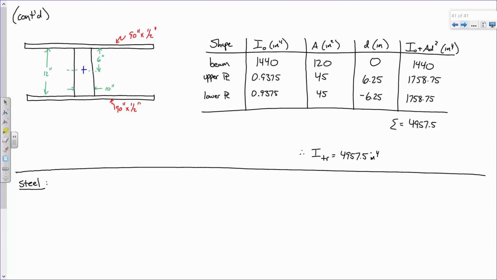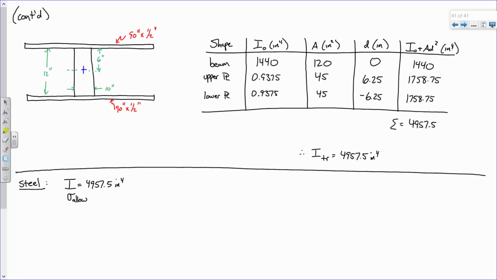Now, our moment of inertia is 4957.5 inches to the fourth. Now, what was our allowable bending stress for the steel?